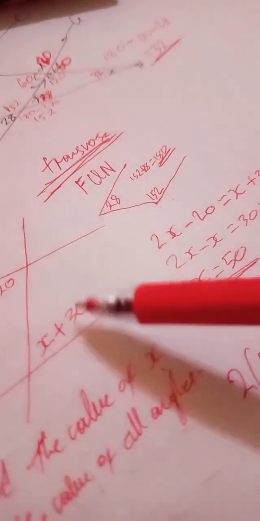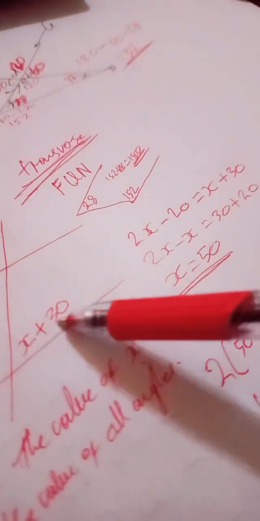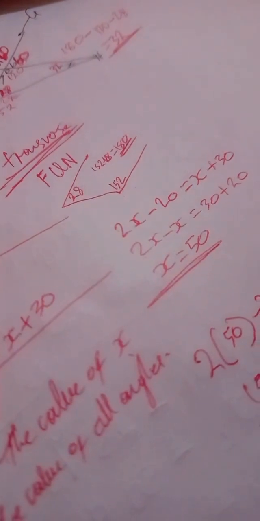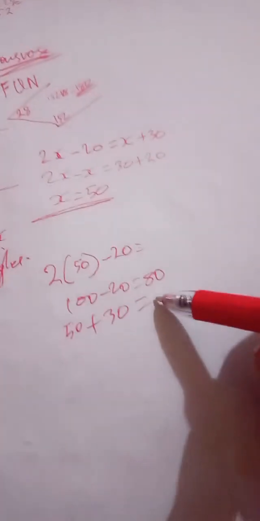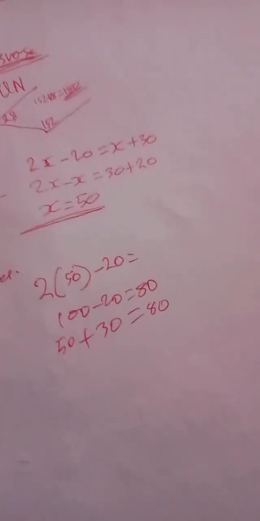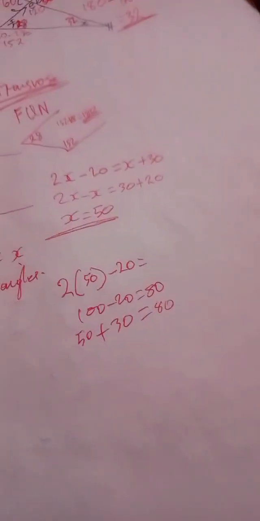So this angle is 80, this angle is 80. Let's prove this one is also 80. So it's 50 plus 30, which gives us 80. Which means our calculations are on point.